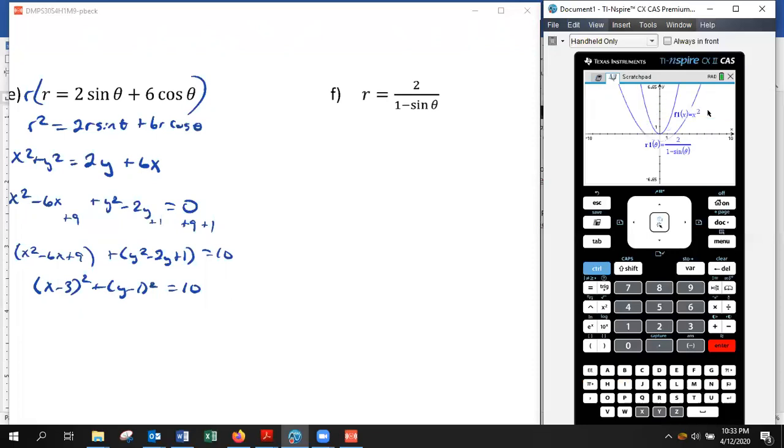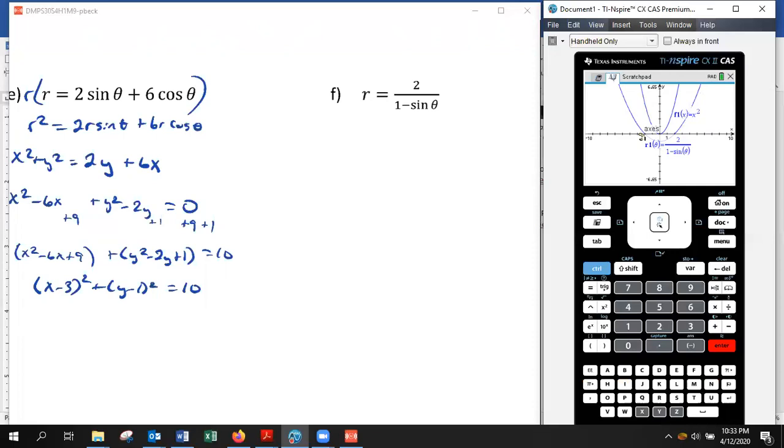And wait a second, that shape looks like a parabola. Okay, so this is a parabola. I know that this is going to turn into a parabola, so it's going to be my job to put this into a parabolic form that I'm used to.